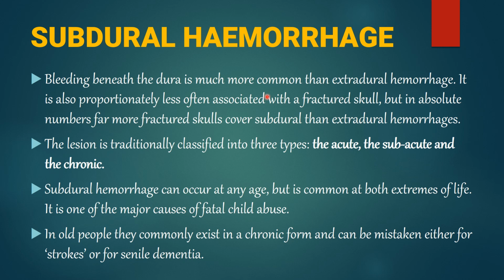So if the question is what is the most common traumatic intracranial hemorrhage, or hemorrhage associated with skull fracture, the answer will be extradural hemorrhage. But taking all causes of all variety included, the most common intracranial hemorrhage is subarachnoid hemorrhage.